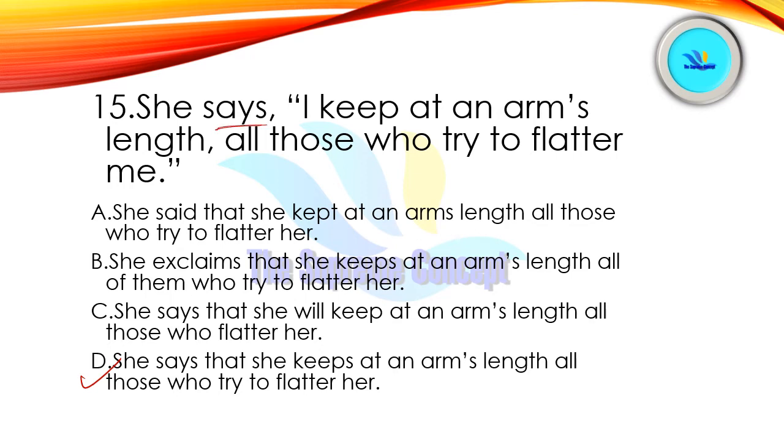So we cannot change the tense of the reported speech, and we will keep it as it is. Instead of I, we just changed it to she, as the subject is she here. So option number D was correct.